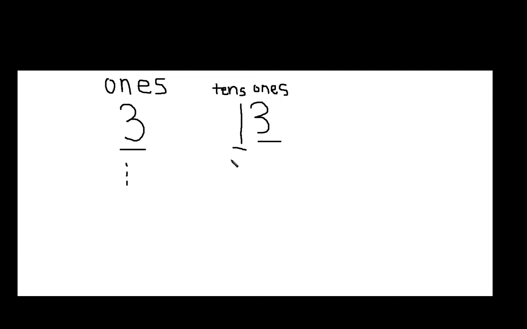This is actually a 10. And this is just a 3. If we were to show that as a picture, we would draw a 10 stick and 3 ones here. So this is 13.